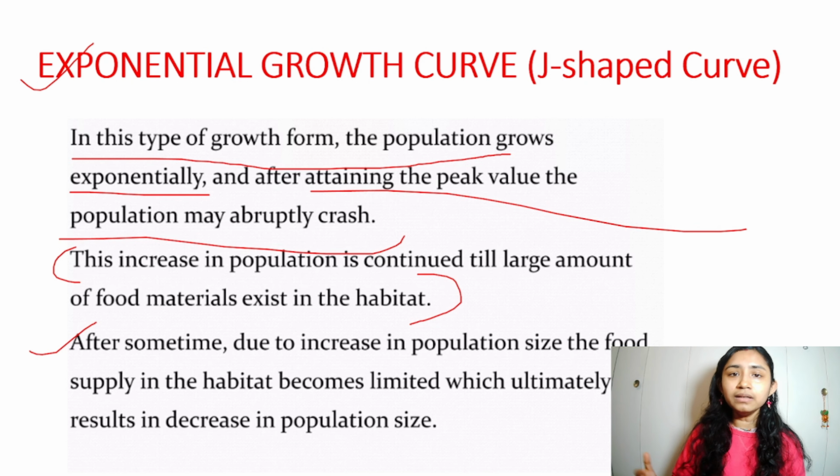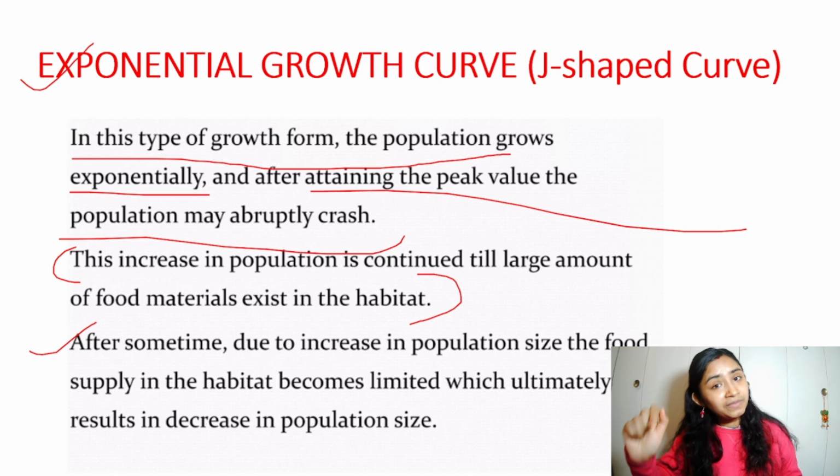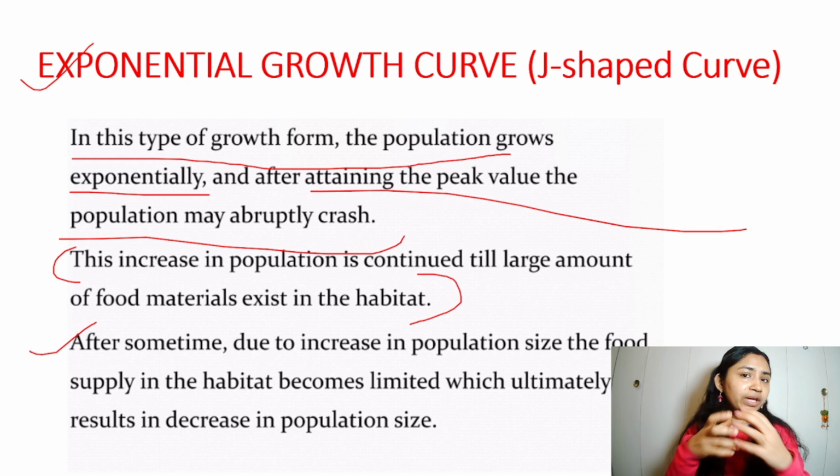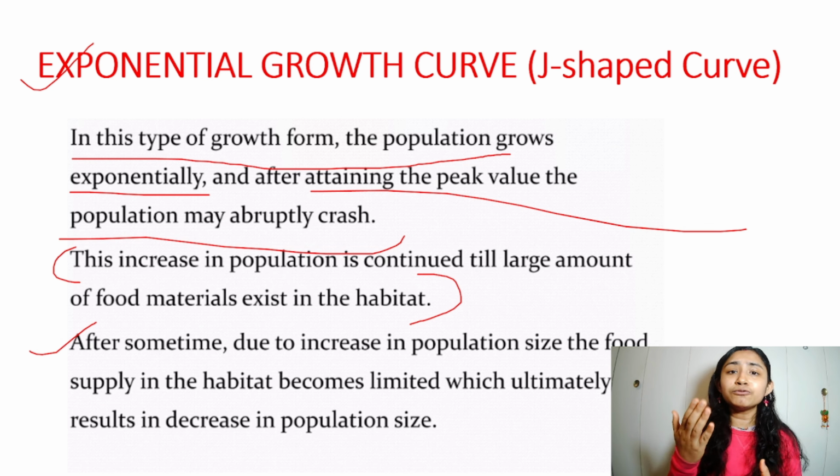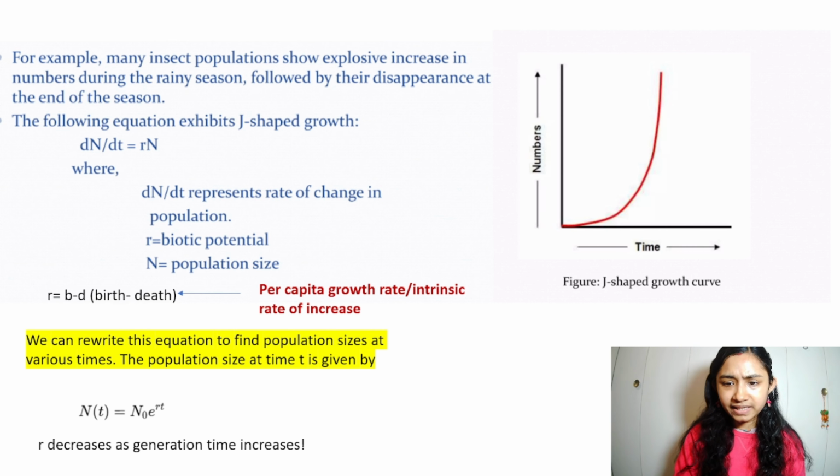It's very simple. When a lot of food is available, the population is growing smoothly. When the population is growing and consuming a lot of food, there is now food scarcity, and when there is food scarcity, there will be no population growth. Now you can see the figure, the J-shaped growth curve.